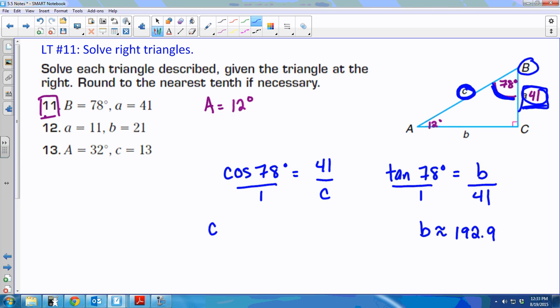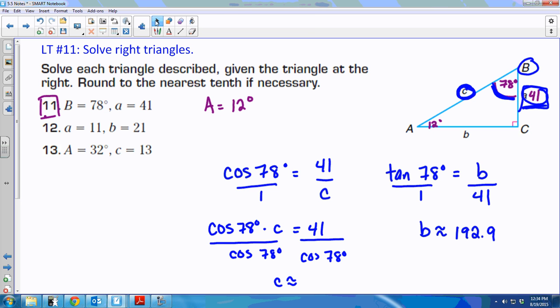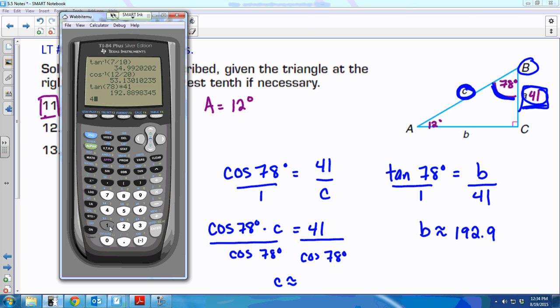So if I cross multiply, I need to solve for C, so I'll end up dividing 41 by cosine of 78. I get 197.2.